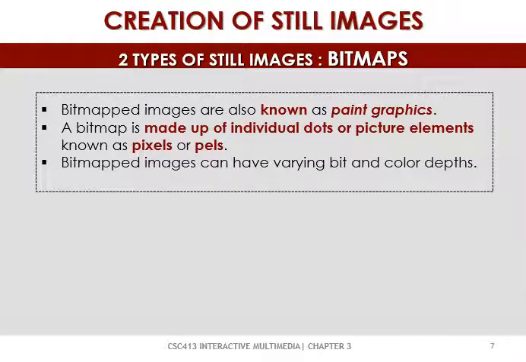Now we go to the bitmaps. Bitmaps can be known as paint graphics. A bitmap is made up of individual dots or picture elements known as pixels or pels. Bitmap images can have varying bit and color depth.